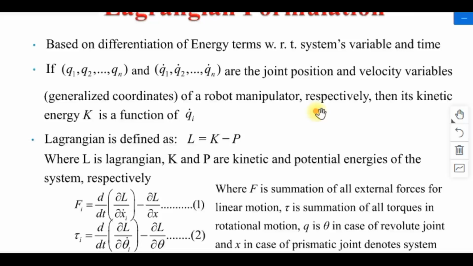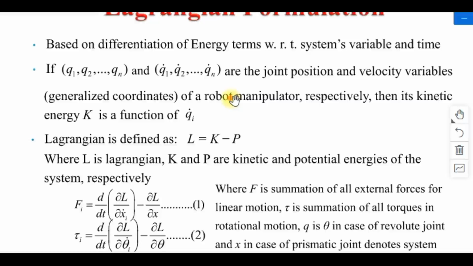method: L equals K minus P, where L is the Lagrangian, K and P are the kinetic and potential energy. You know that the summation of energy is fixed.